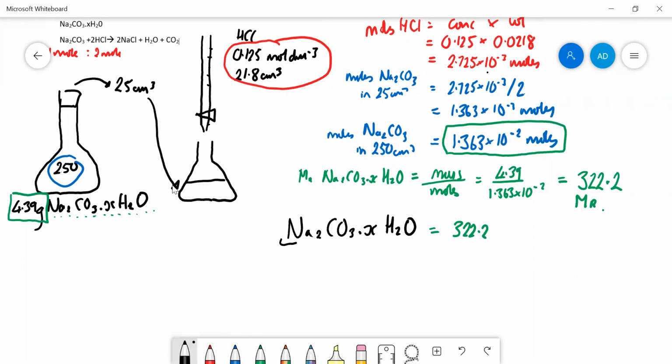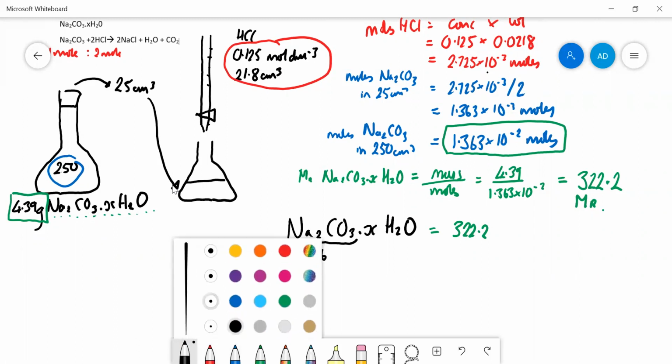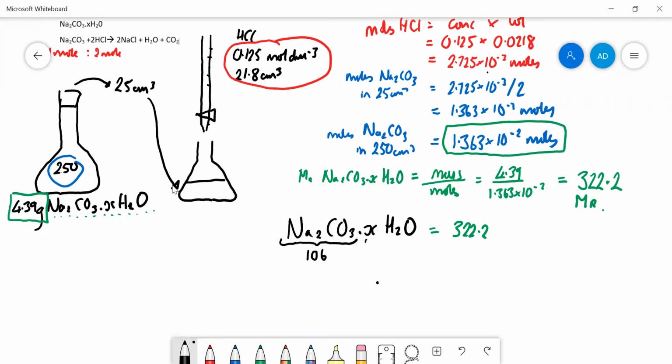This bit here is 2 times 23 for sodium, plus 12 for carbon, plus 3 times 16 for oxygen, and that's 106. So that means that this bit here is going to be equal to 322.2 minus 106, which is equal to 216.